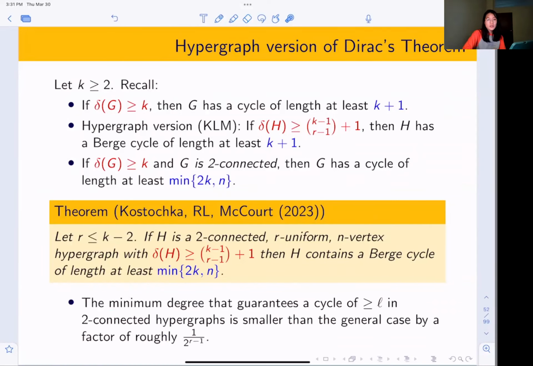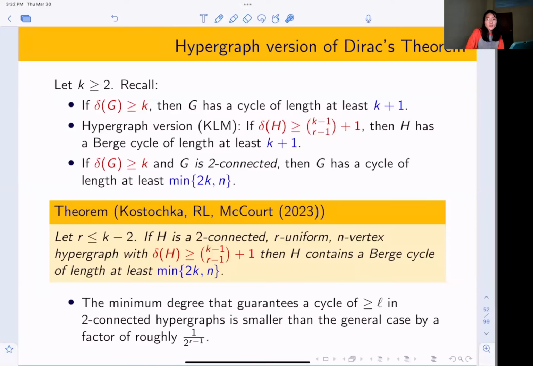And in particular now, if I'm not just looking at the minimum degree, I say I just want some Berge cycle of length at least L, then I can plug in L into these equations here. Without any conditions on the connectivity, I need a minimum degree of L minus 1 choose R minus 1 plus 1. Whereas over here, I need something only like L over 2 choose R minus 1.